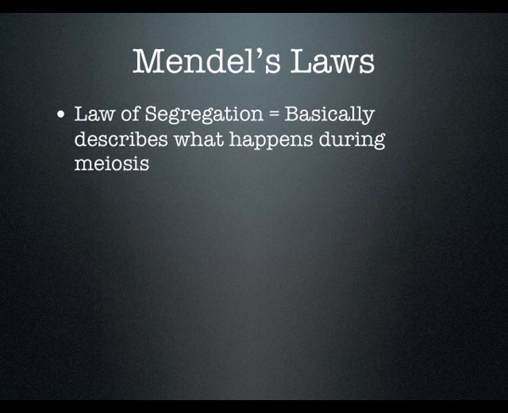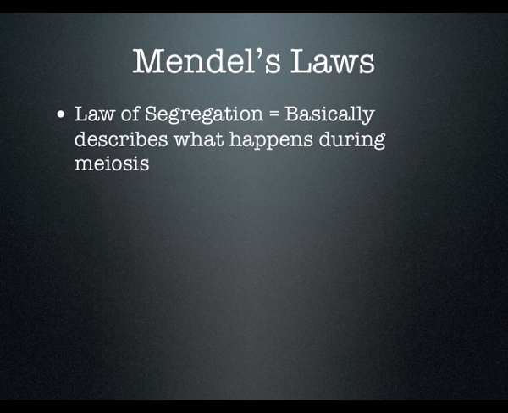Mendel's laws. I felt like this was a little confusing to some, and I wanted to review real quickly the law of segregation and the law of independent assortment. Segregation: I feel like the only reason it's confusing is because people try to overthink it. Really what segregation is trying to describe is what happens during meiosis, which of course Mendel didn't know anything about, but segregation basically means that every adult carries 2 alleles for every gene.